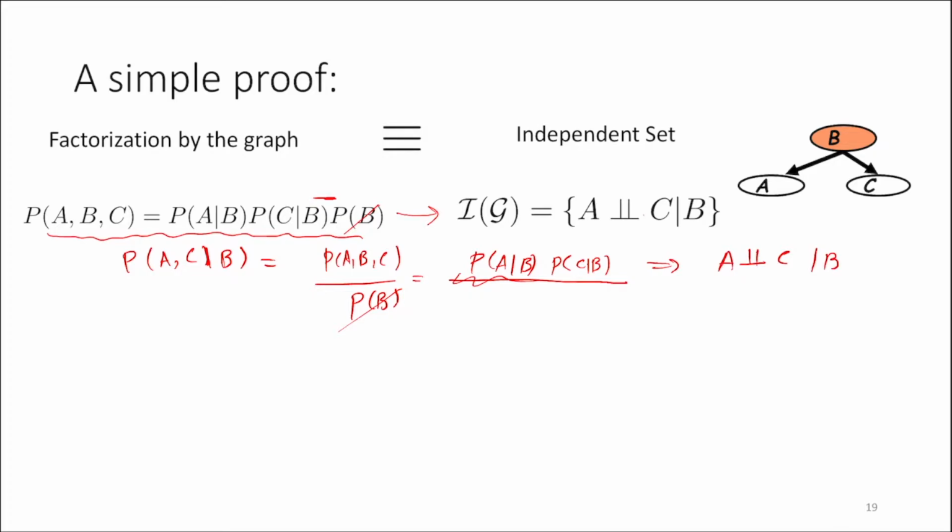Now let's try to prove the other way. To prove the other way, we are basically saying that P(A,C|B) is, by definition, P(A|B) P(C|B), and I can use Bayes rule to write this.